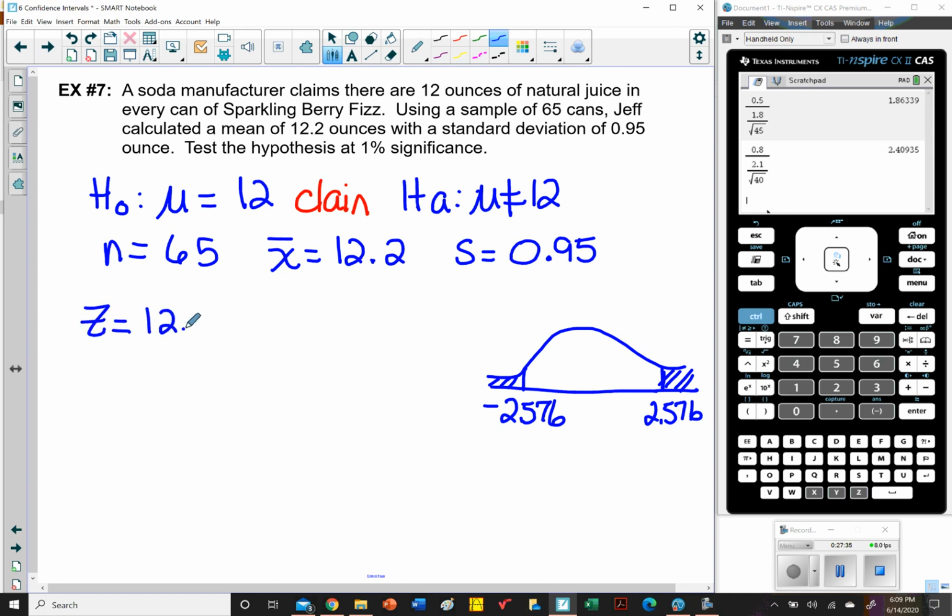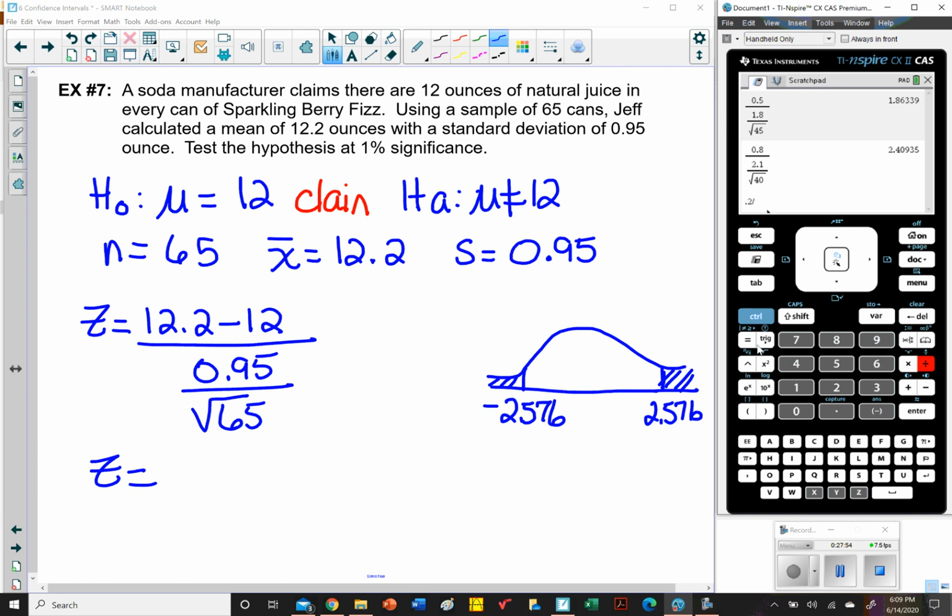That's x bar minus the claim over standard deviation divided by the square root of the sample. Let's see where that falls. So 0.2 divided by 0.95 over the square root of 65 gives us 1.6973.